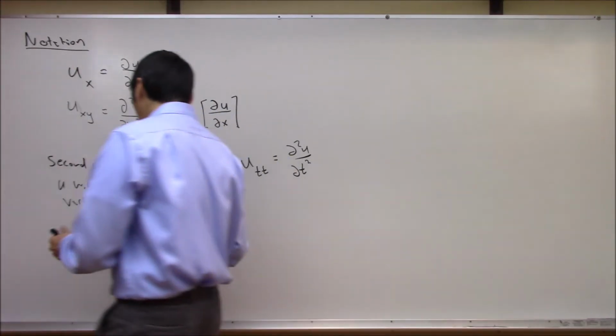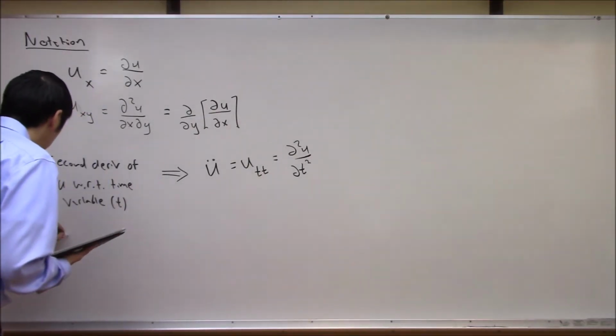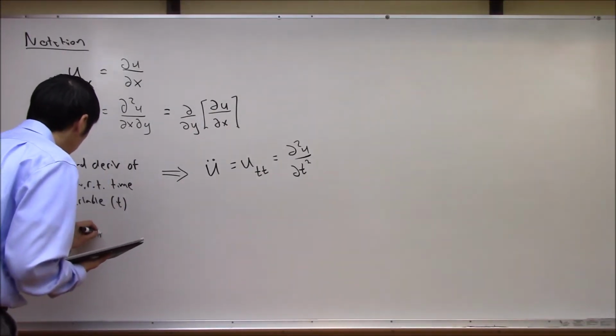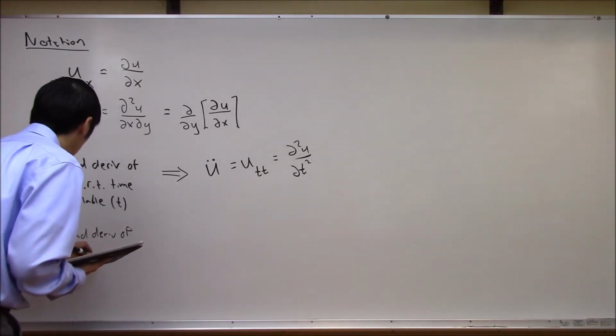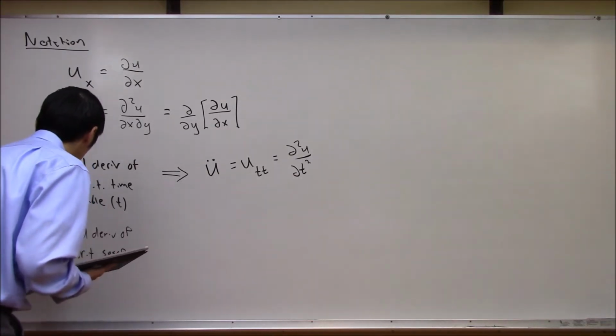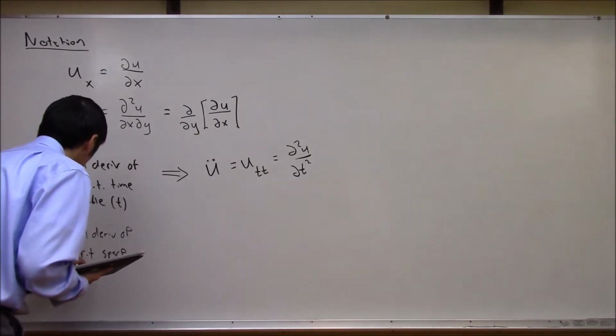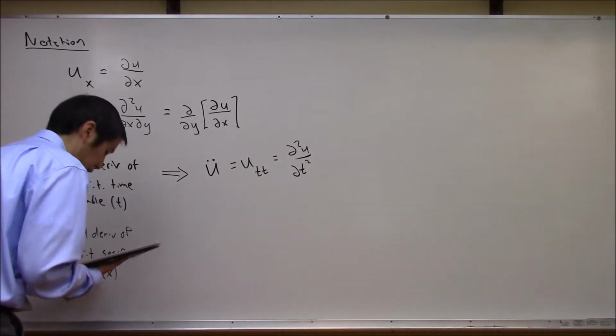We can contrast this with, say, the second derivative of u with respect to the spatial variable. In this case, let's use x as our example.